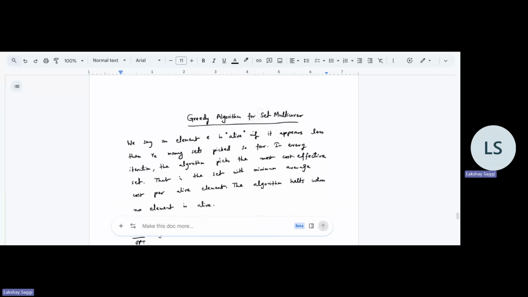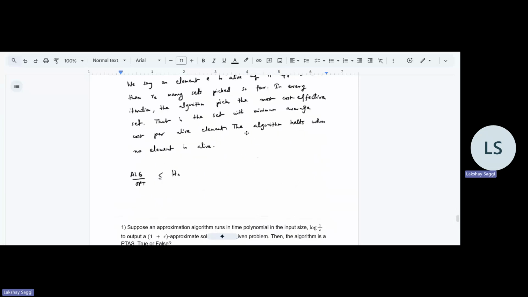It's like average cost per uncovered element, except alive means the element has been covered sometimes but not RE many times. The algorithm halts when no element is alive.